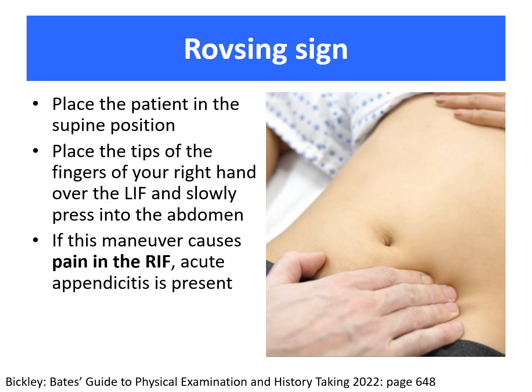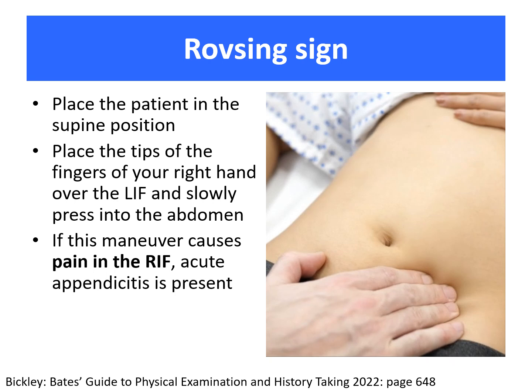And as you do that, if the patient complains of pain, you ask them, where is the pain being felt? And they should say the pain is felt over on the right side. And if that is happening, your Rovsing sign is positive, and this is indicative of acute appendicitis.